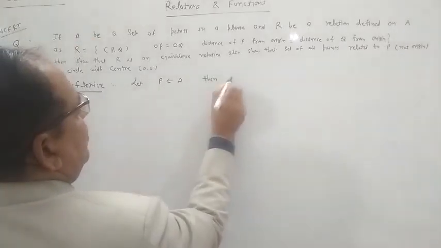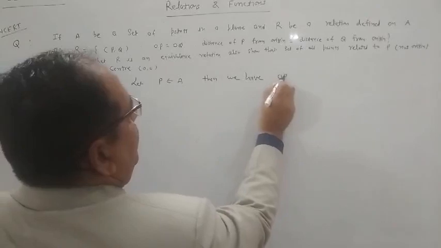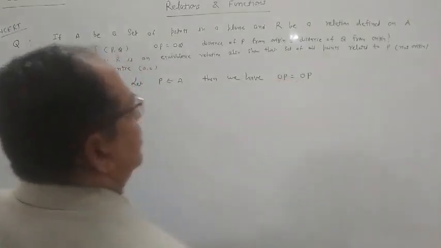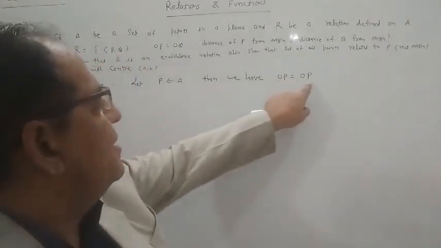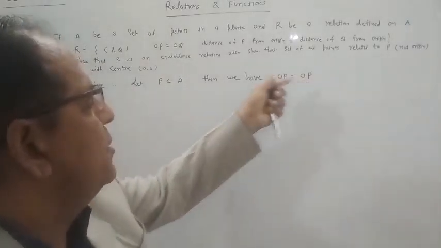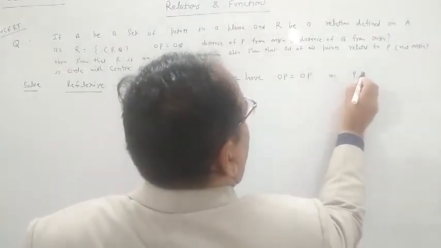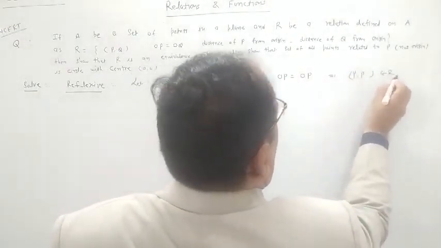Then we have OP equal to OP. This says that the distance of P from the origin is always equal to the distance of P from the origin. So we can write (P, P) belongs to R.